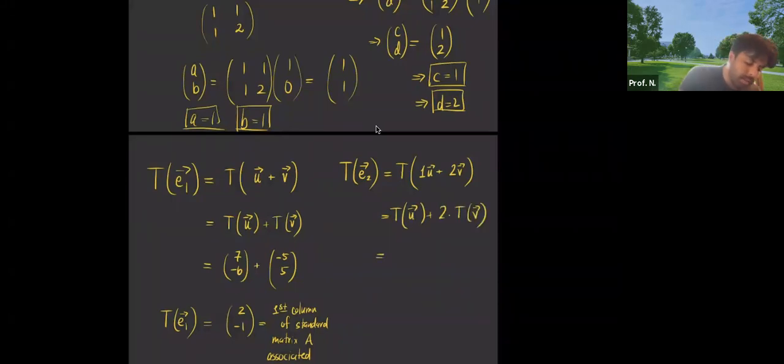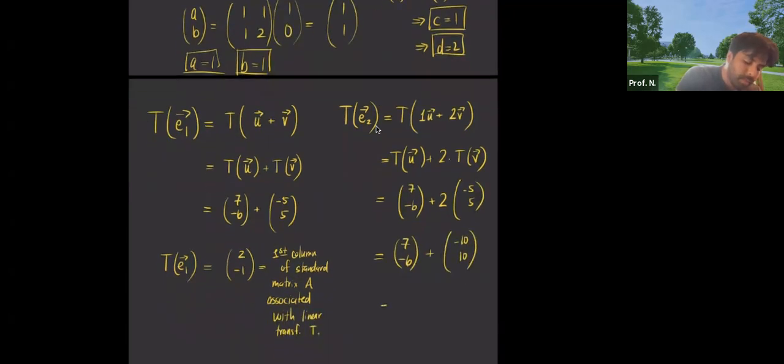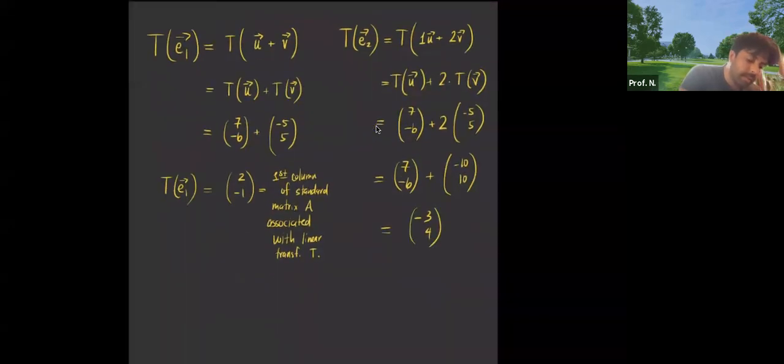T of U is what? 7, -6. T of V is what? -5, 5. This becomes 7, -6 plus -10, 10. When I combine this, I get -3, 4. And so what does this represent?